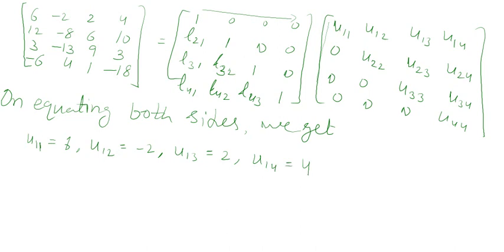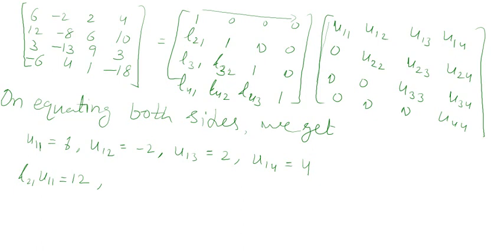From the second row, L21 U11 equals 12, second row, first column.